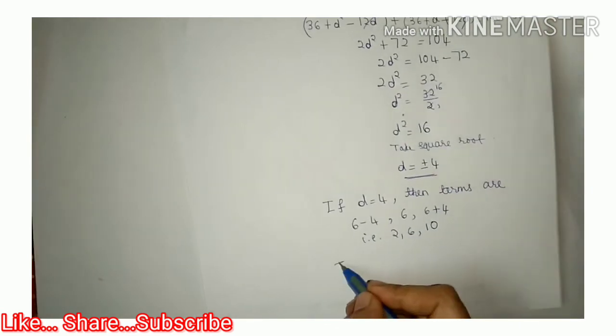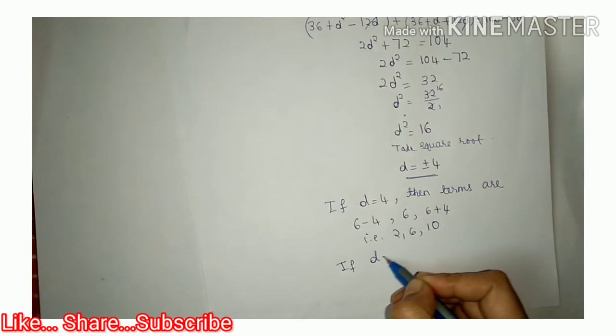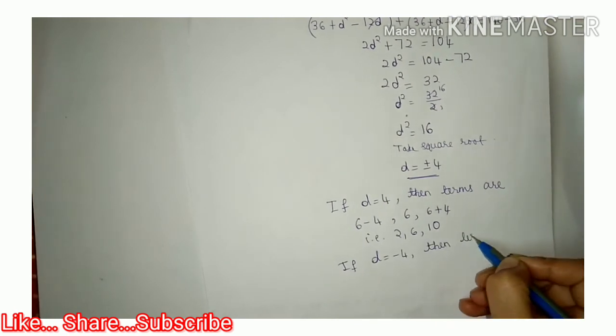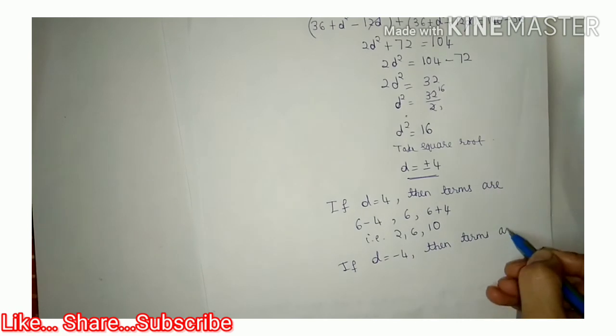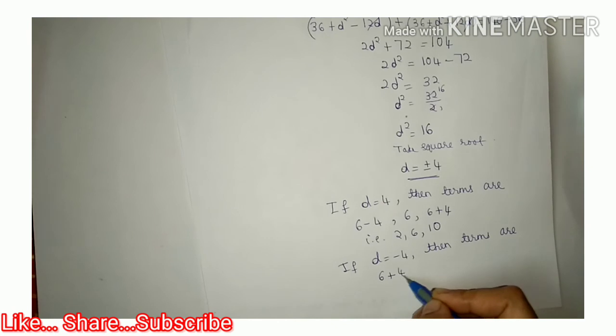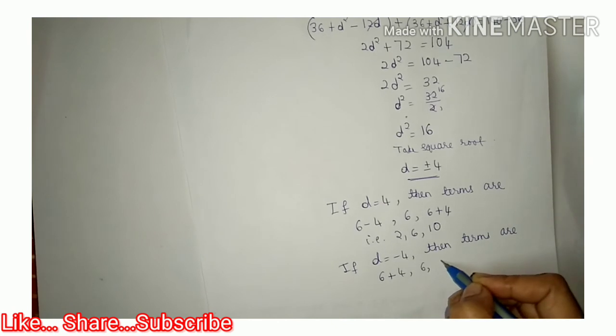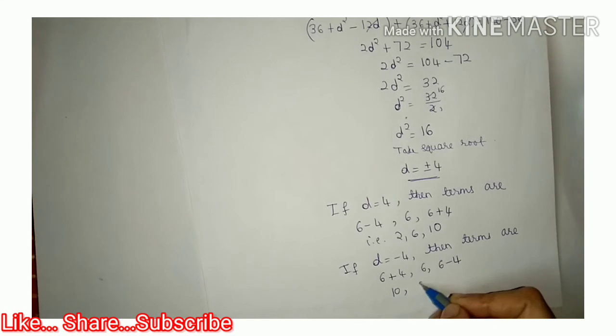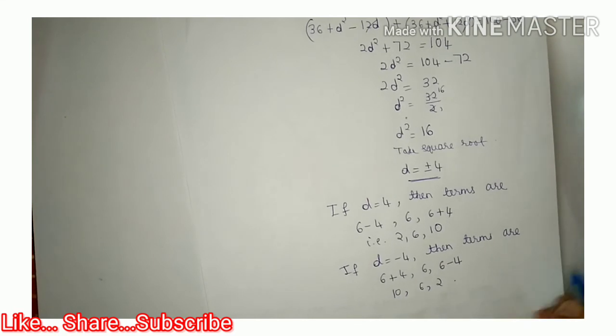If D is equal to minus 4, then the terms are 6 plus 4, 10; 6; 6 minus 4, 2.